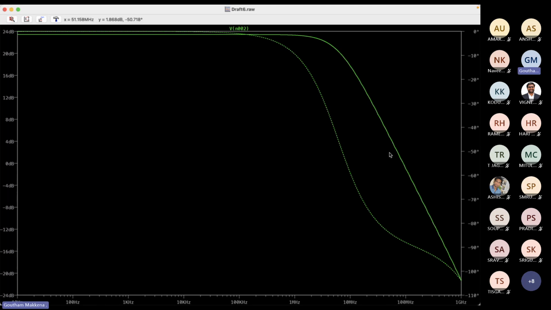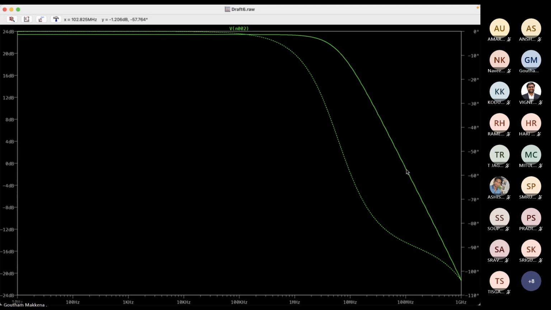Okay, so the 0 dB is somewhere here. Yeah, we are almost there at 100 megahertz. It is minus 1.3 dB. We are missing it by roughly minus 1 dB.